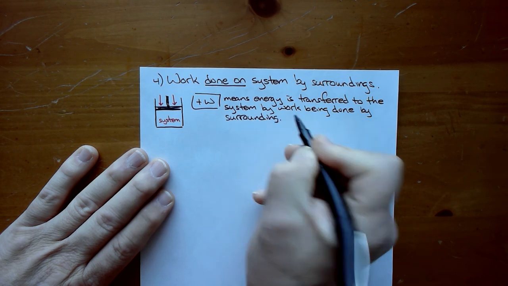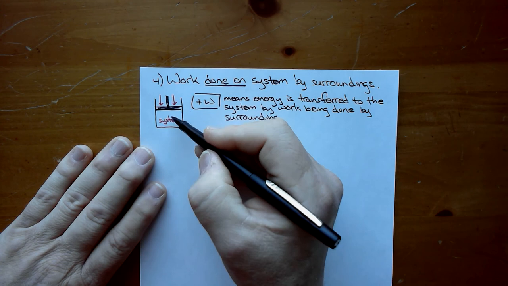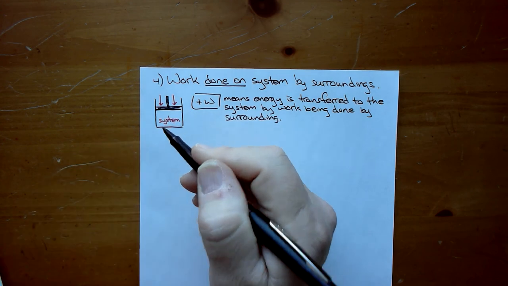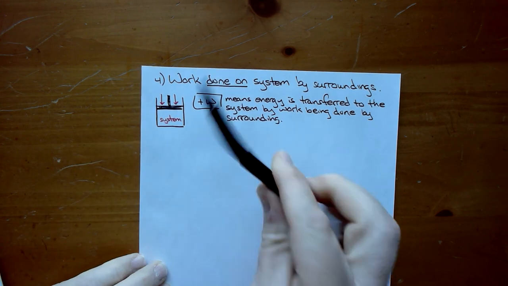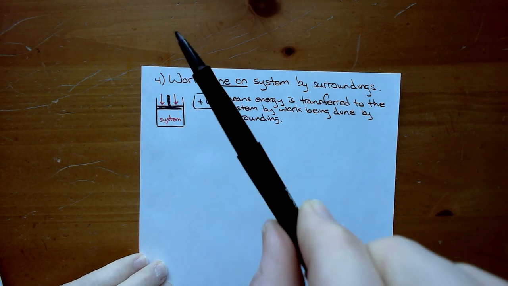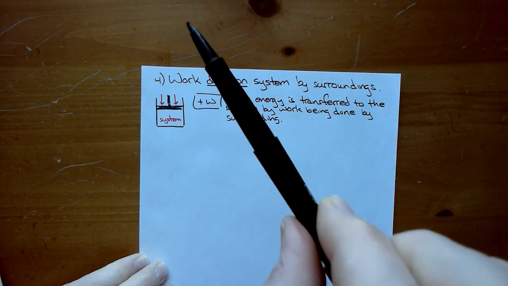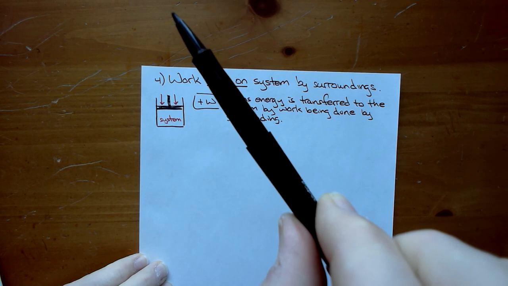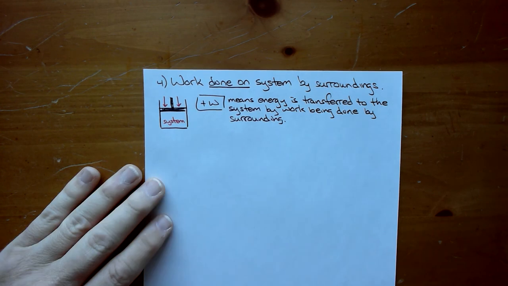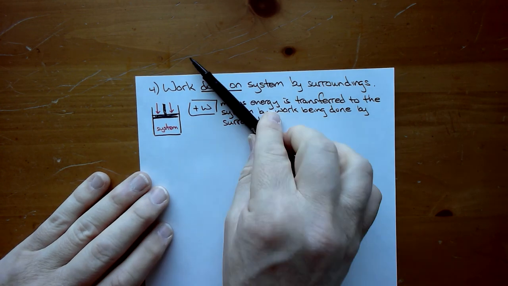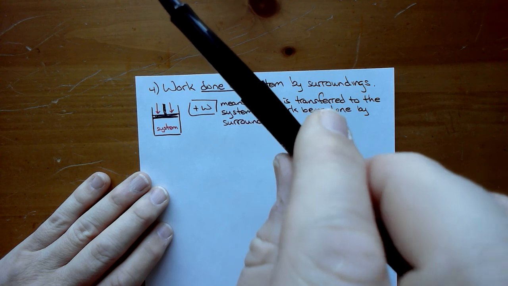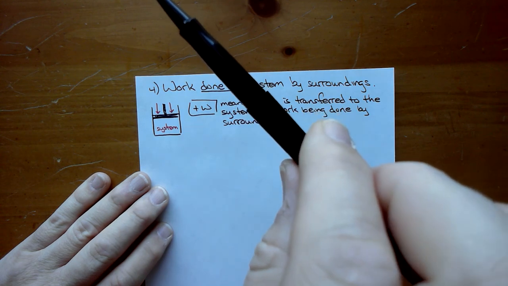Now think about it. Remember, if I push this in, we're going to add energy into this system. Just like when I pick this pin up, I'm adding potential energy into my system, which is the pin now, which is above. So I've done work on the pin, and now it has gained energy, potential energy.